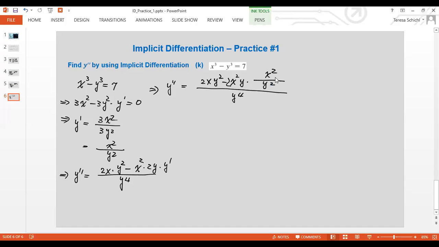Okay, so now to simplify it, I see the common y here. Let me factor one y out. So this is 2xy minus 2x squared times x squared over y squared, over y to the 4th.